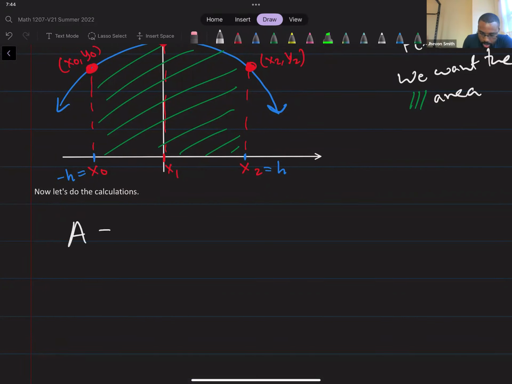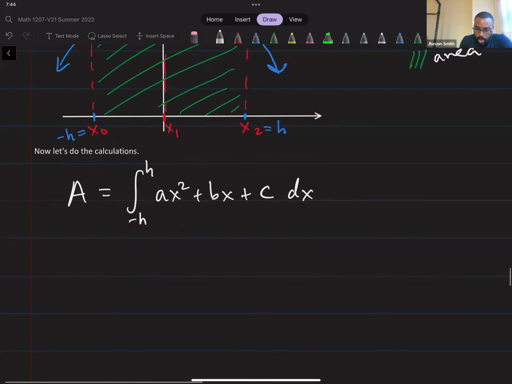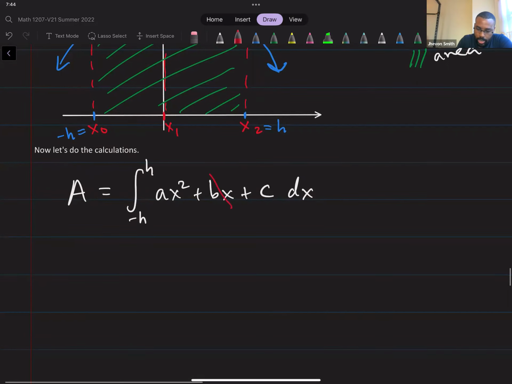So the area under this curve is going to be the integral from minus h to h of ax squared plus bx plus c dx. Okay. So we actually know that the integral of an odd function on a balanced interval is 0. So we don't have to calculate that. This is something we know from Calc 1.